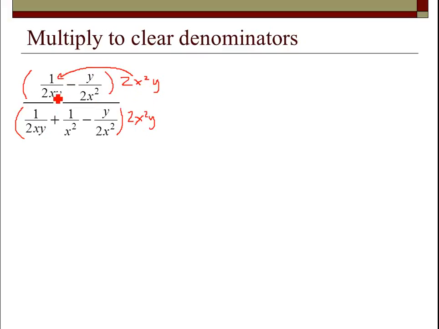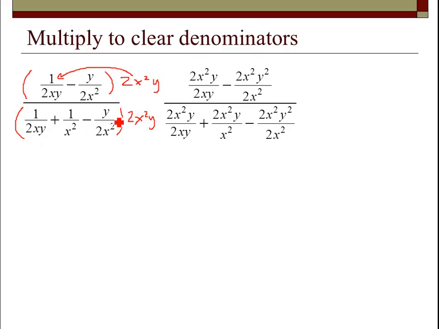Now, if you're comfortable with it, you can see about reducing at the same time. But if you're not, go through and just do the tops on each one of these. So I'd have 2x squared y over 2xy, 2x squared y squared over 2x squared, 2x squared y over 2xy. And I have 2x squared y here again. This becomes 2x squared y squared. And then I could do my reducing.